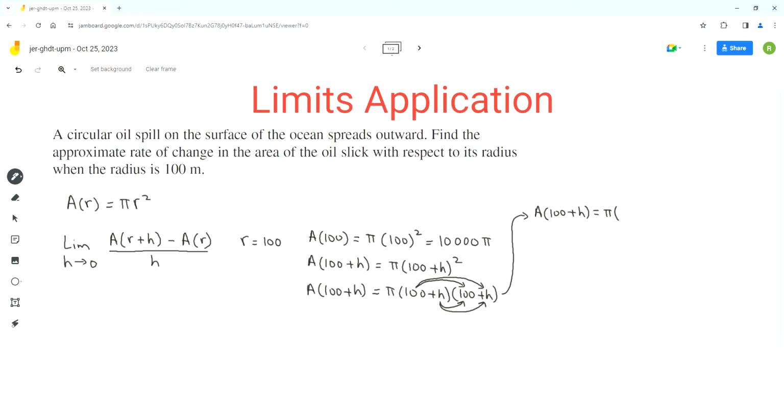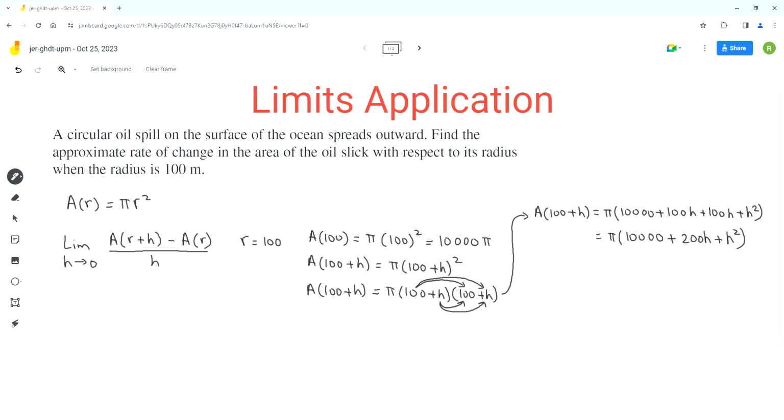So we get π times (10,000 + 100h + 100h + h²). Now we can combine the like terms. So we get π, and in the parentheses we get 10,000 + 200h + h². So 100h plus 100h is equal to 200h. So this is the expression for A(100 + h).